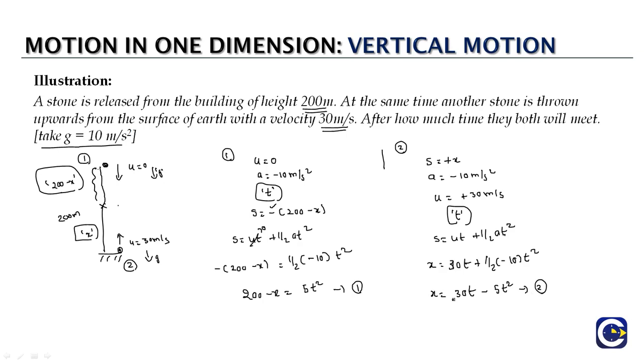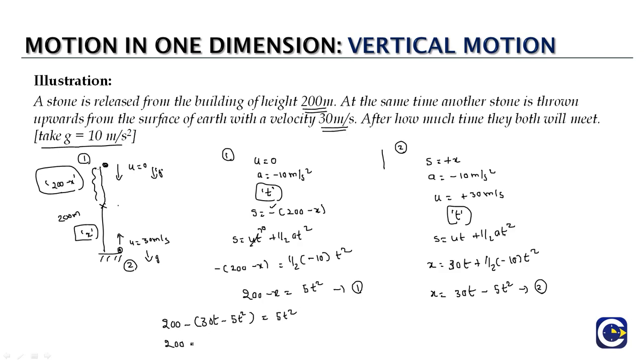This is equation 2. Now we will take the value of x from the second equation and substitute it in the first equation, because we are looking to solve for the value of time. So substituting, 200 minus x, with x as 30t minus 5t square, is equal to, on the RHS we already have 5t square.